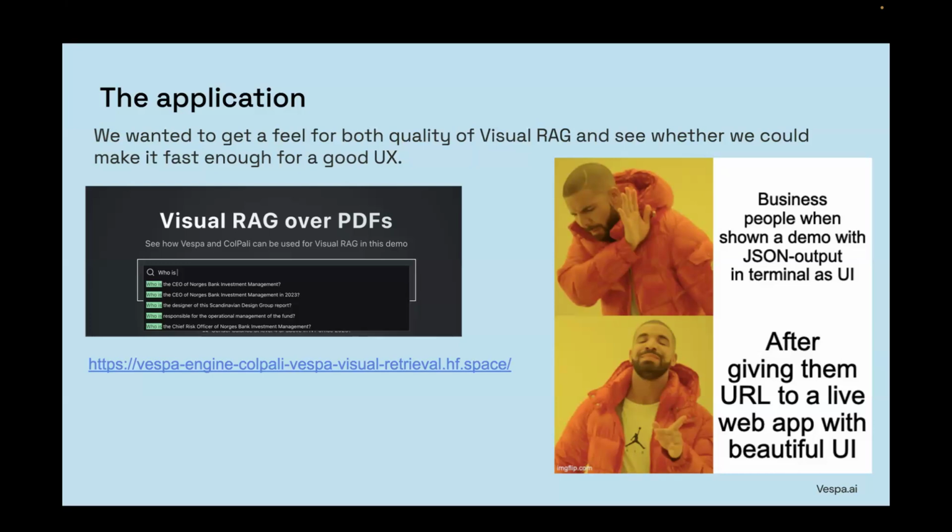That's not really a good demo for business people, right? We software engineers may think that's enough, but if you give someone a URL to a live application so they can actually test it out, tinker with it, play with it, you put them in a lot better position to understand what's going on.